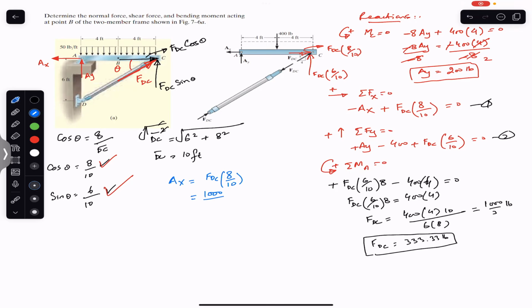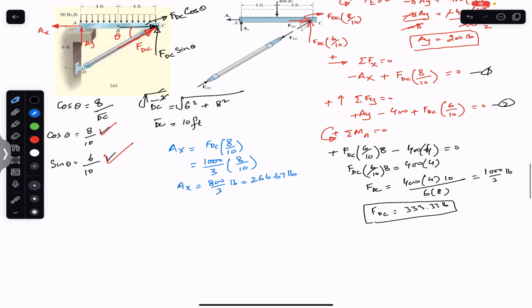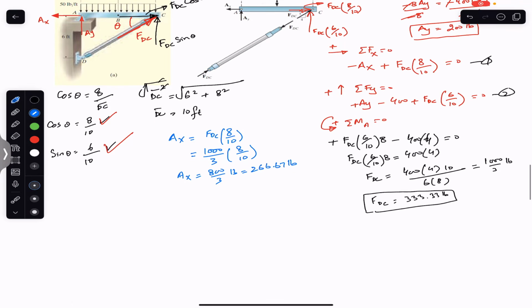So FDC is 1000 divided by 3 multiplied by 8 divided by 10. So this gives me AX equals 800 divided by 3 pounds or 266.67 pounds.